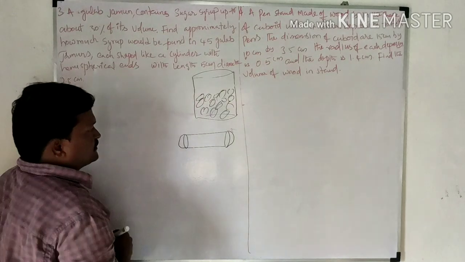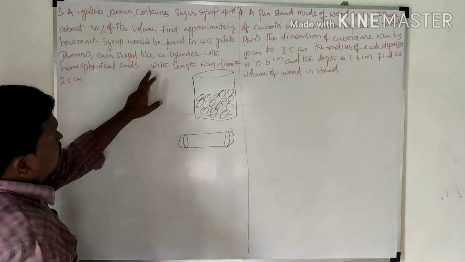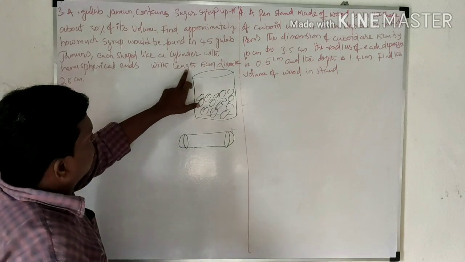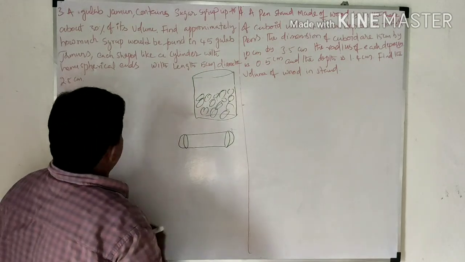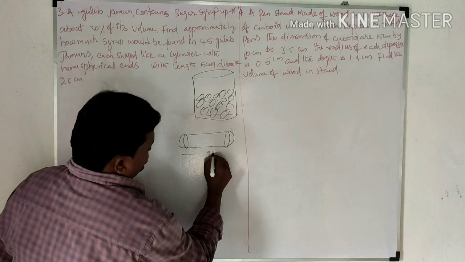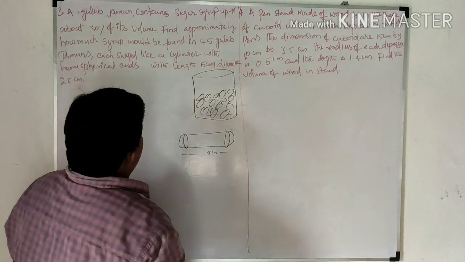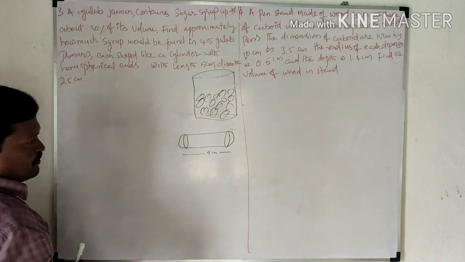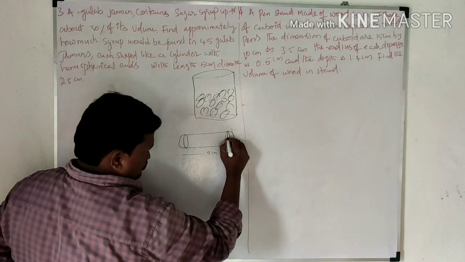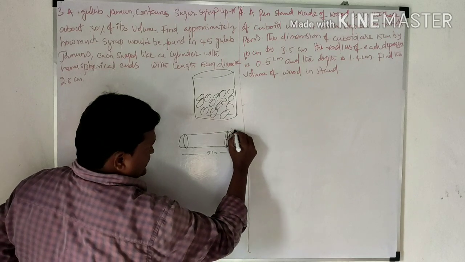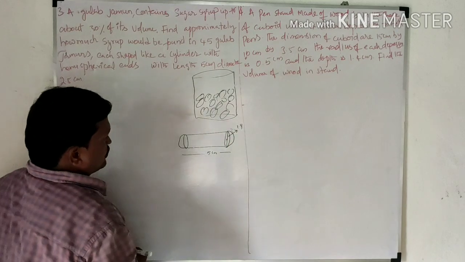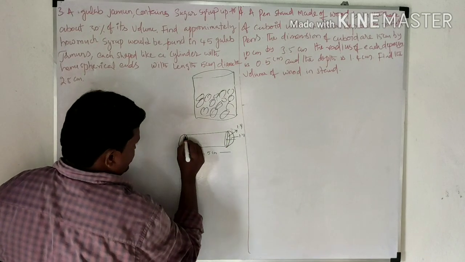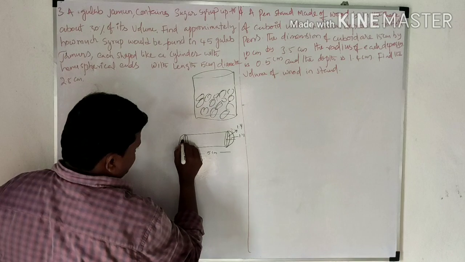Each is shaped like a cylinder with hemispherical ends, with a total length of 5 centimeters, and the diameter is given as 2.8 centimeters. So the radius is 1.4, and this is also the radius, 1.4, and this is also 1.4.